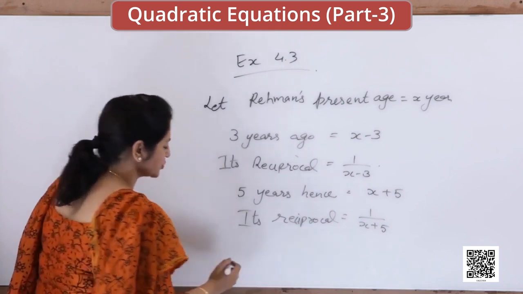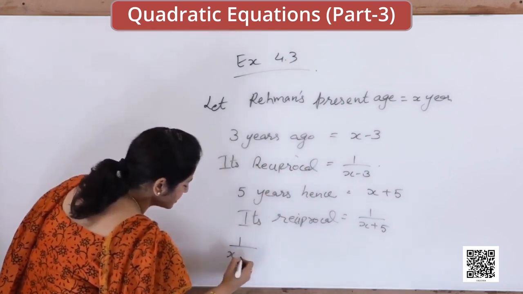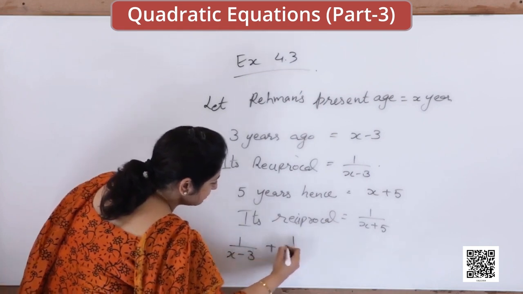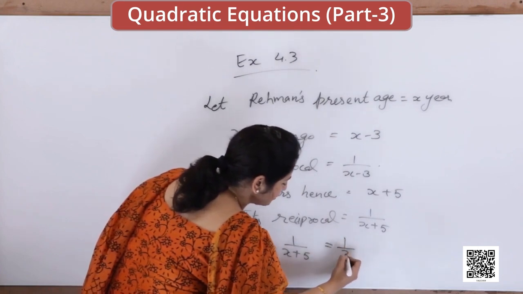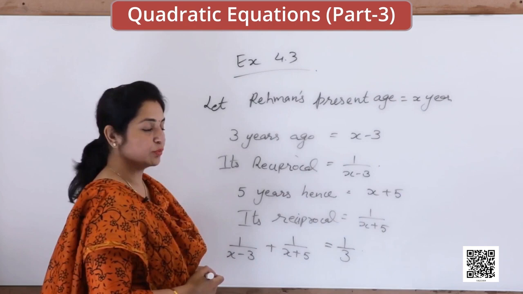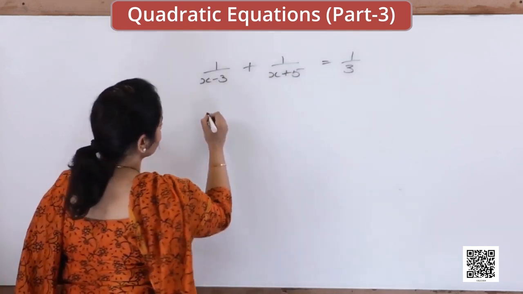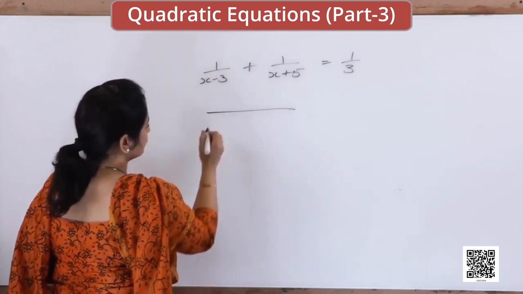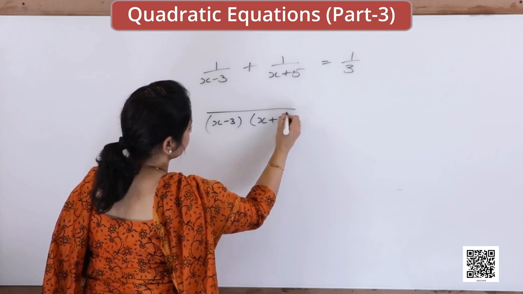Now according to question, sum of these two reciprocals, 1 upon x minus 3 plus 1 upon x plus 5 is equal to 1 upon 3. It is given in the question. So from here we will get our equation. To get the equation, first we will have to take LCM. So LCM will be the product of these two, x minus 3 and x plus 5.